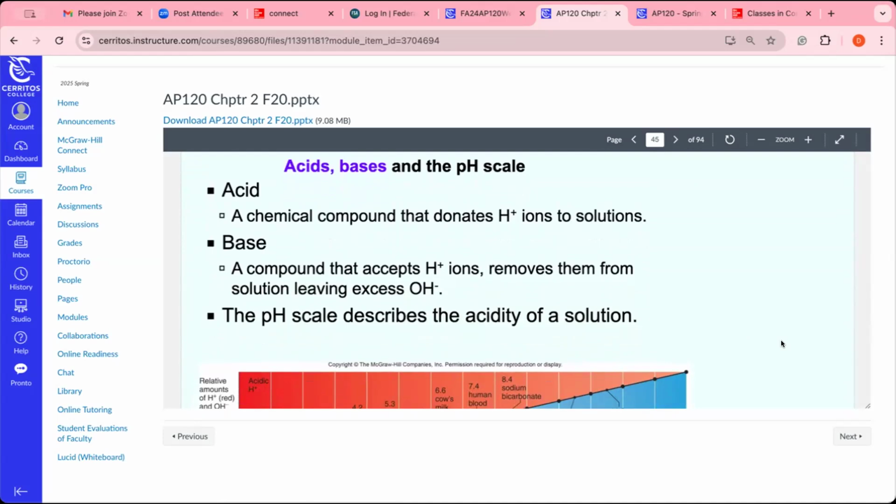Acids are chemical compounds that donate hydrogen ions. Notice this is an H+. This means that your hydrogen ion is charged now. It lost its electron, okay?